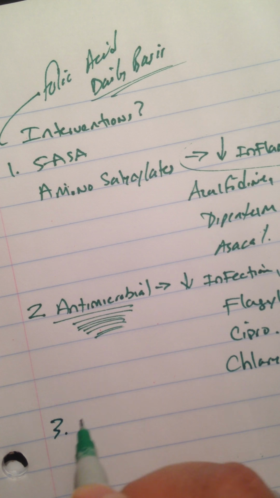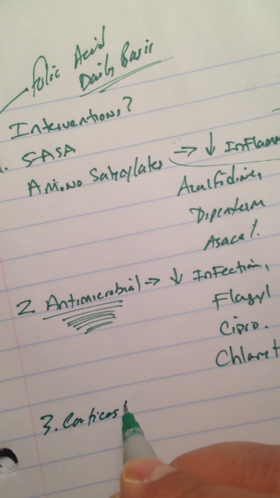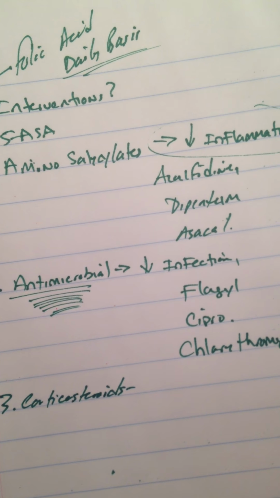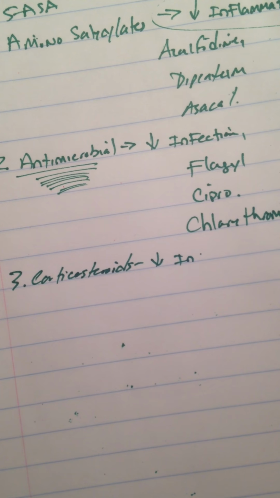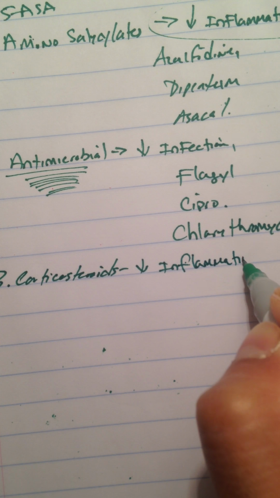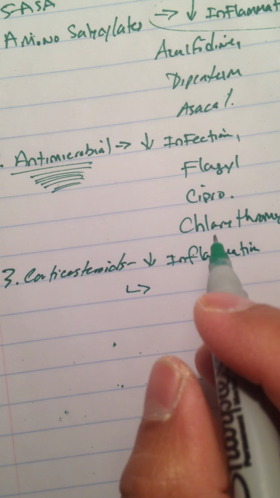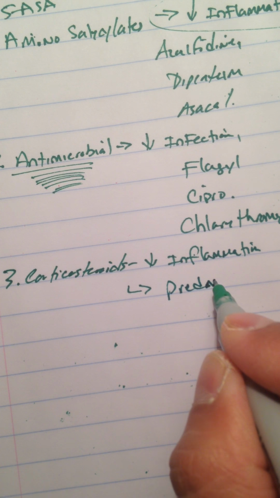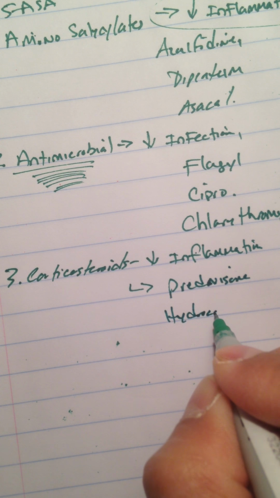Number 3, corticosteroids. Again, these are to decrease inflammation. Examples include prednisone, hydrocortisone.